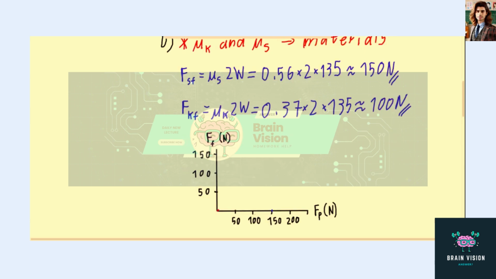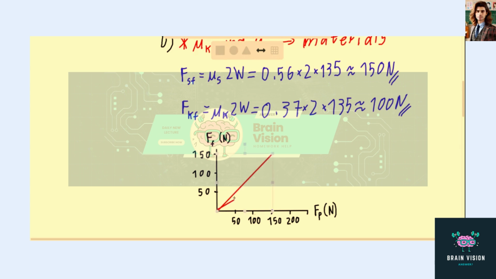Here we have our graph, and we have the point where static friction will be its maximum. So that is 150. That means when we exert 150 newtons, the force of friction is going to respond with those 150 newtons. So let's draw that line.